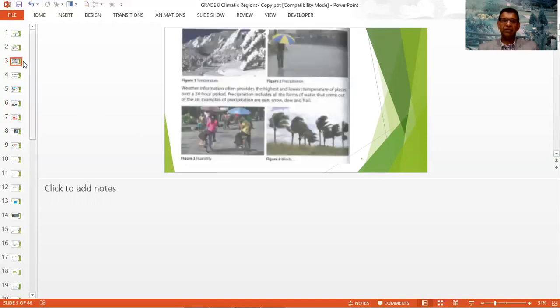And here are some of the elements of weather. We speak of the temperature. Once again, you can see, for example, here that you may have snow on the mountains. And perhaps you ask the question, why do the mountain areas have snow as compared to other areas? And this section attempts to explain that.